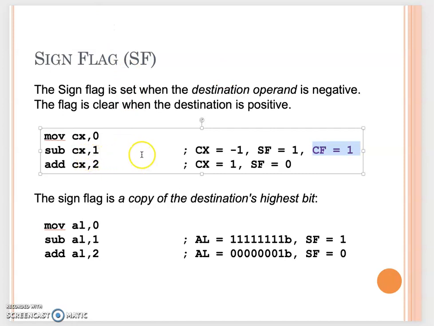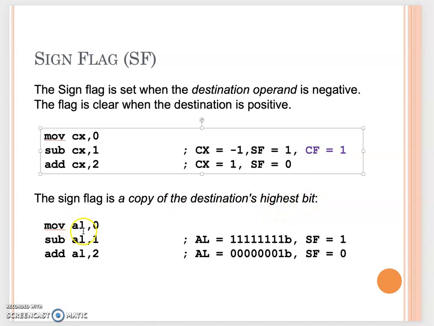After it becomes -1, you add 2, so CX becomes 1, and the sign flag becomes 0. Since it's just -1 plus 2, the carry flag is clear as well. Basically, the sign flag is just a copy of the destination's highest bit.